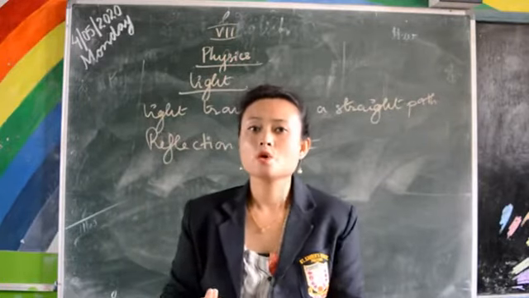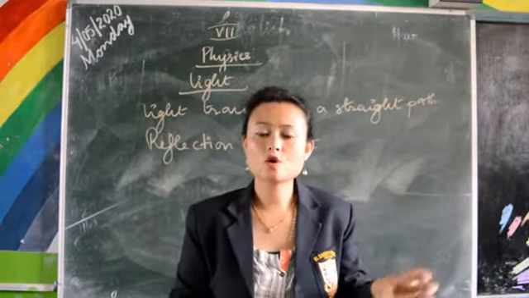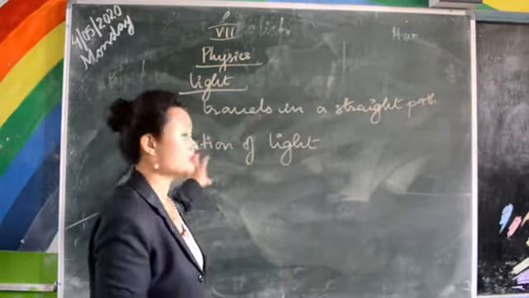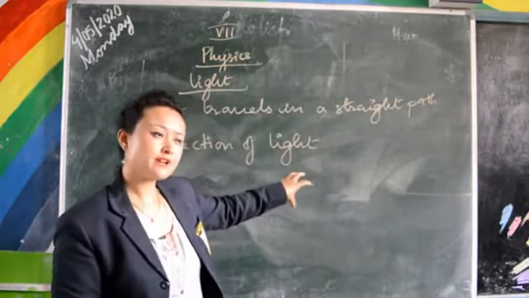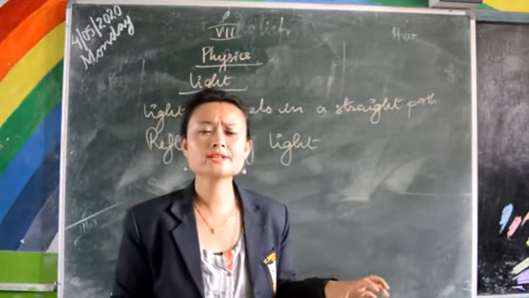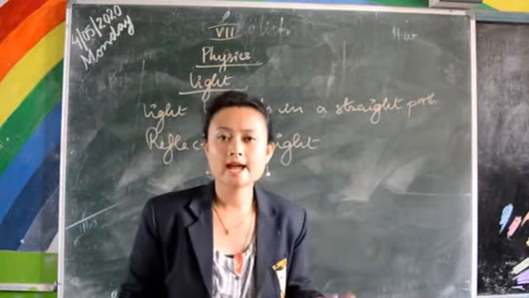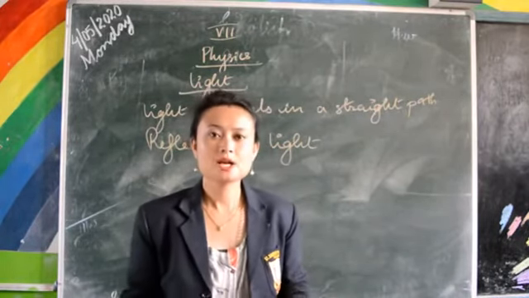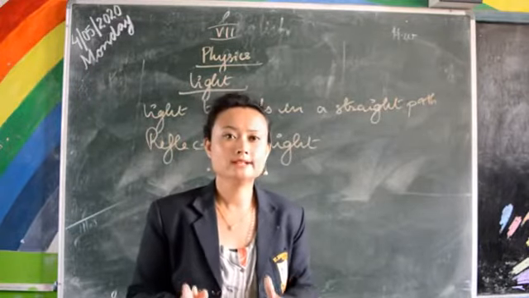That phenomenon where the light reflects back or bounces back in the same medium is called reflection of light. So what is reflection of light? It is a phenomenon in which the rays of light, after striking an object, return back to the same medium.